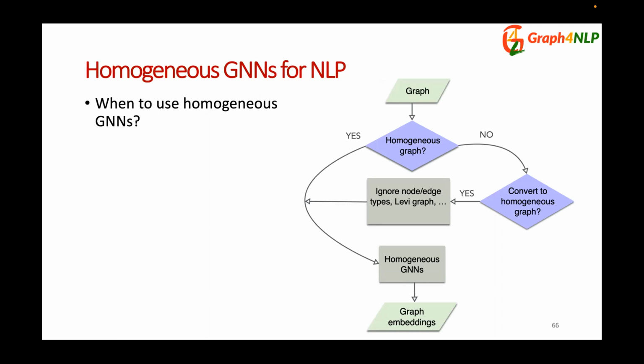Then we get a homogeneous graph, and we can apply homogeneous GNNs to learn the node and graph representations. Many GNNs which we are familiar with, which were introduced by Lingfei previously, belong to homogeneous GNNs, including GCN, GAT, GraphSAGE, and GGNN.